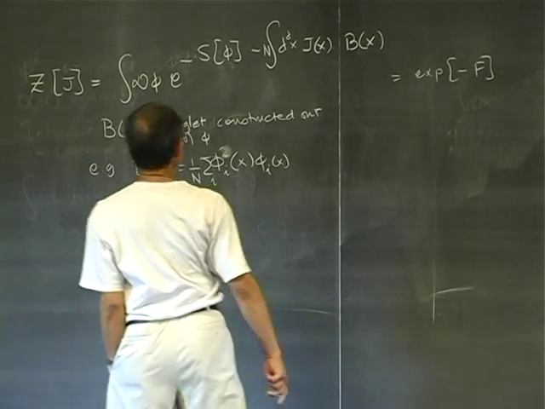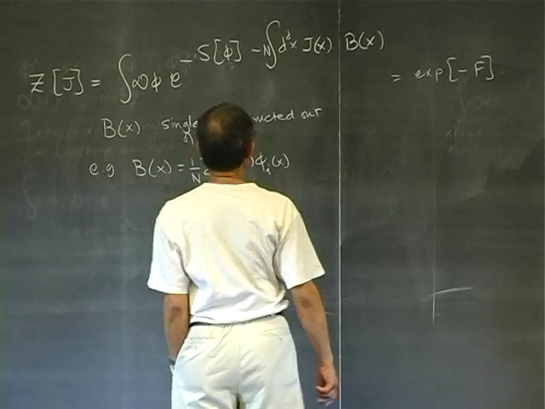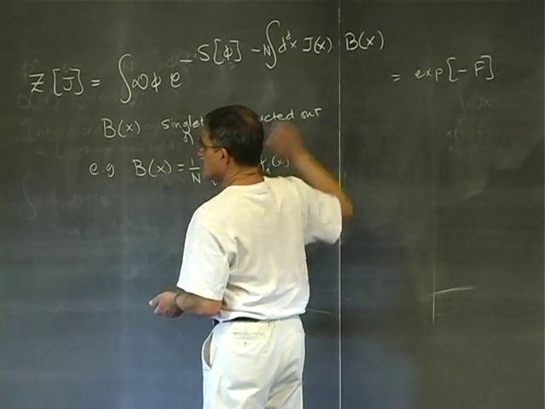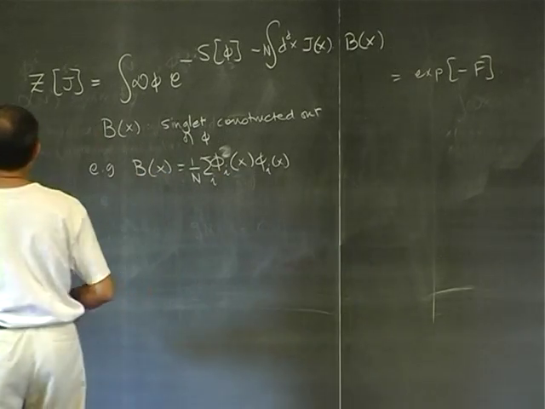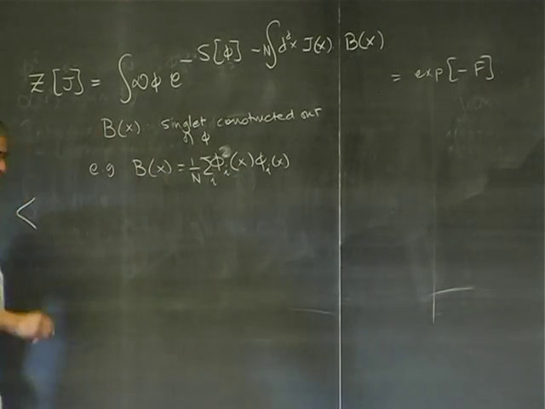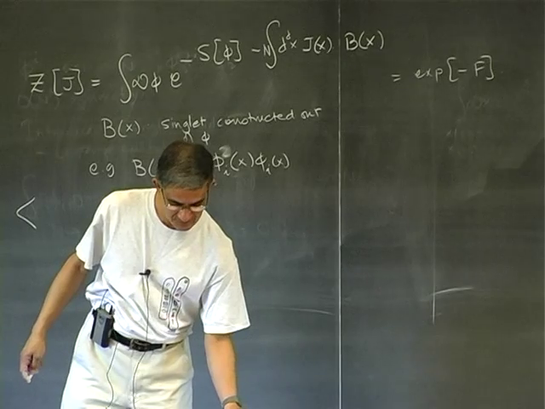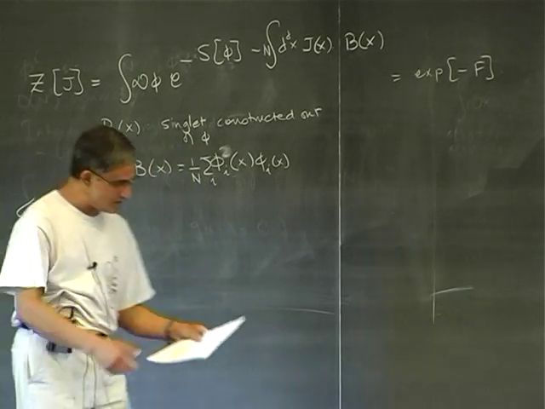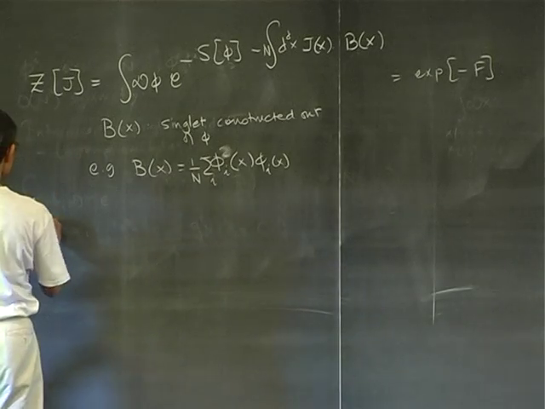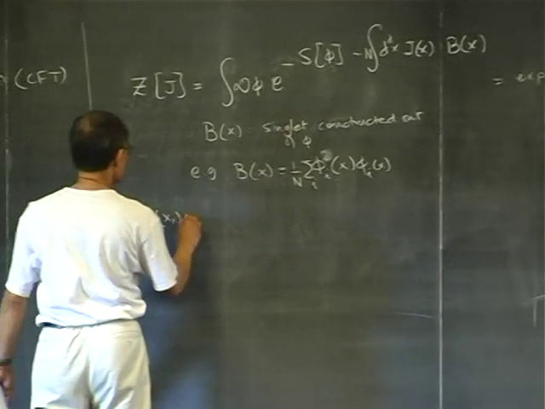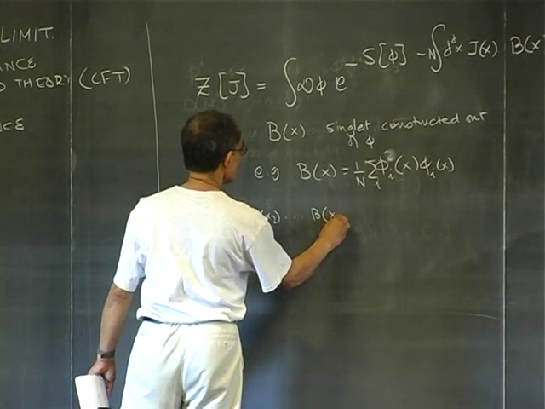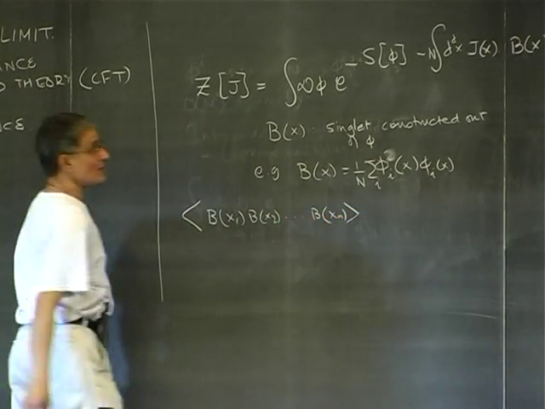However, this object is the generating functional for correlators of this object B. In order to see that, if you compute correlators like B of x1, B of x2, pardon?